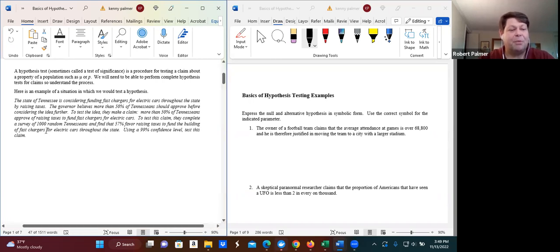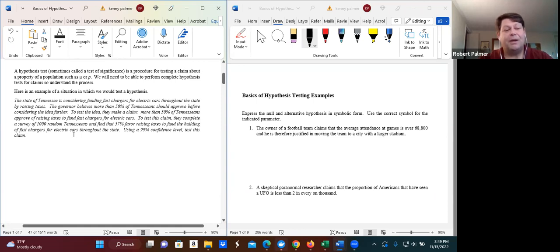Then with a sample, the result we got is 57%. So if we assume that only 50% of Tennesseans favor this, how likely is it to get a sample where we get 57% favoring it? And we can actually calculate that statistically.